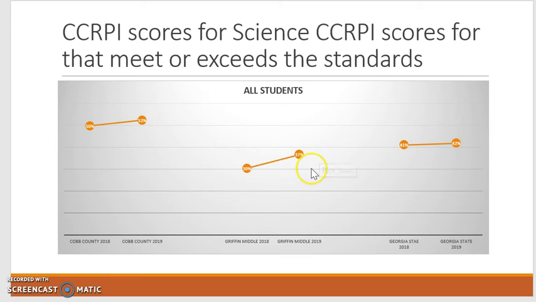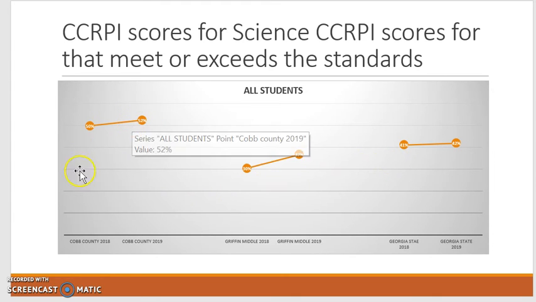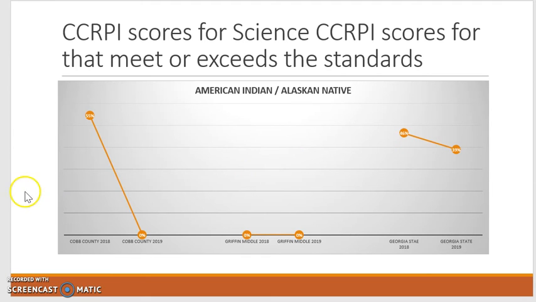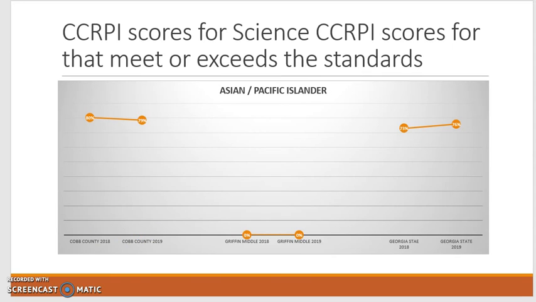For all students for science, Griffin Middle saw tremendous gains, gaining from 30 to 37%, although still scoring far beneath the county and state level. For American Indian and Native Alaskan, there weren't enough to gauge. At Cobb County, this is 0% because there was too few to count for 2019.